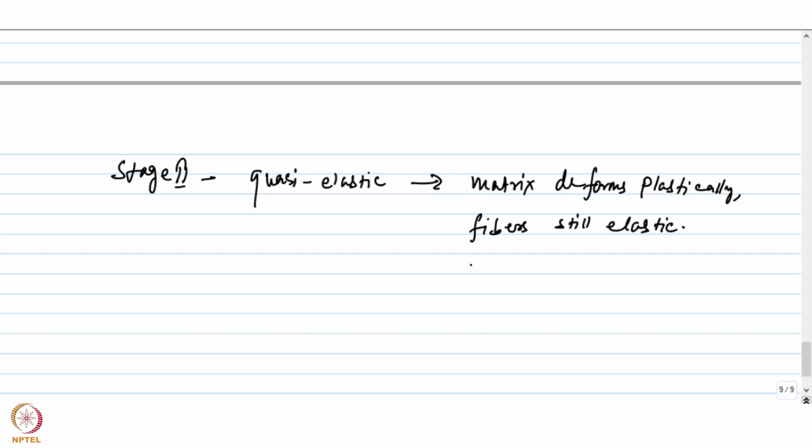So in the rule of mixture equation, the elastic modulus of the matrix has to be replaced by the slope of the stress strain curve of the matrix material, that is d sigma by d epsilon.